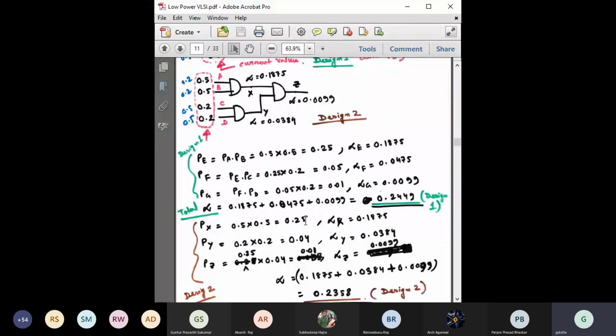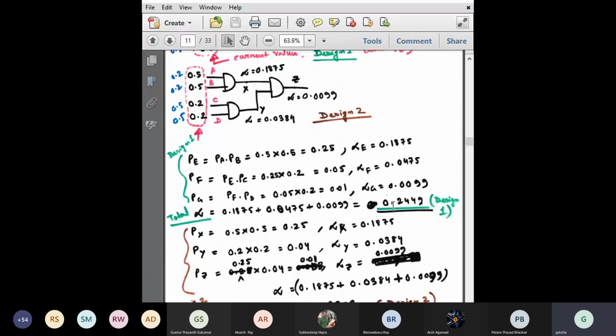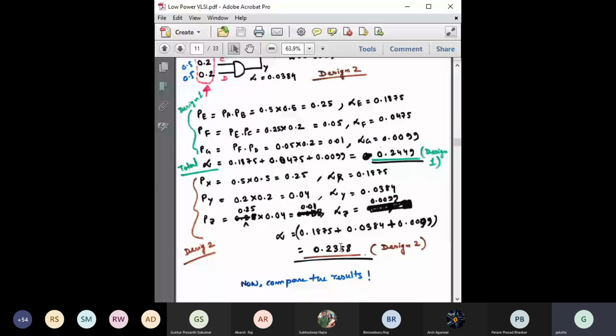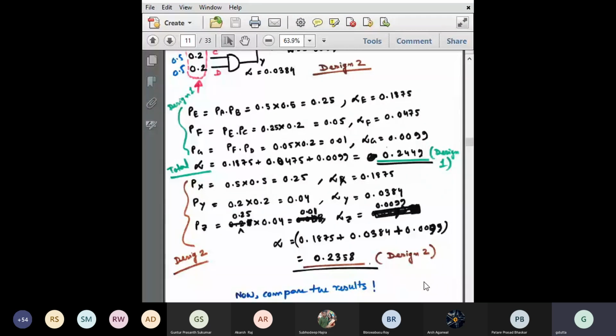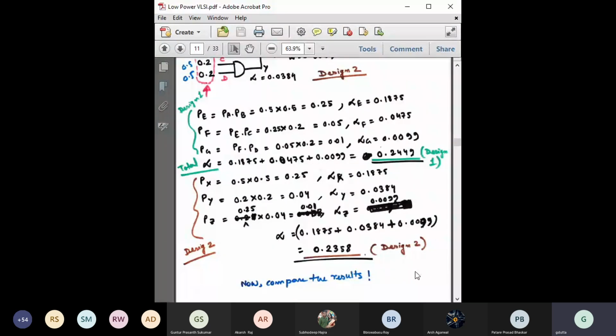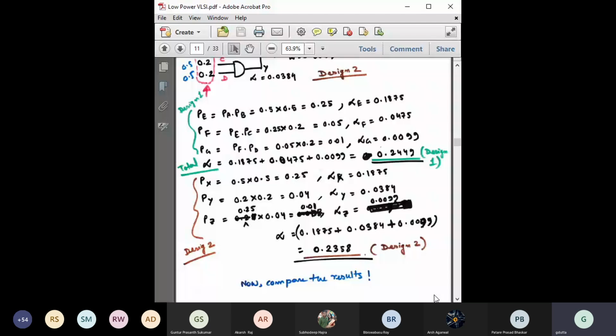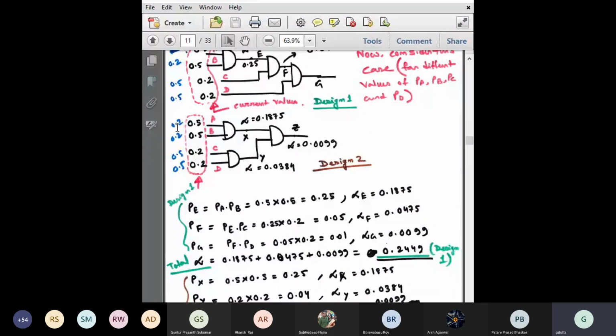For the first design, the total switching activity becomes 0.24, whereas for design 2 it is now 0.2358. Now compare the results: they are quite close. So it is not necessarily true that the tree type or the chain type is better for every design. It also depends on the switching activity of these nodes.